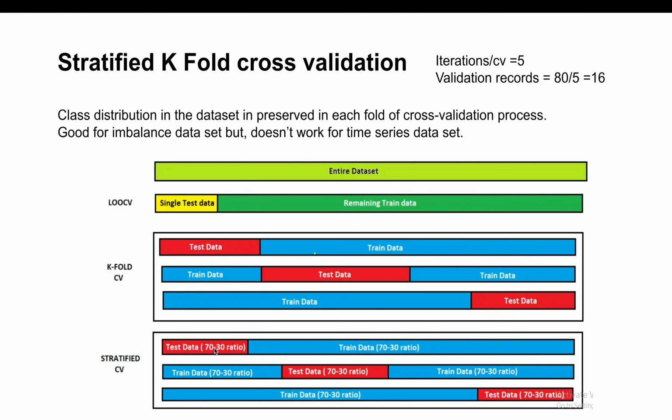If you have 2 classes of data, in what ratio will they be present in each iteration, in your training data as well as in your validation data? That is what is called your stratified KFold cross validation. Once we do this hands-on, you will understand it in even more detail.